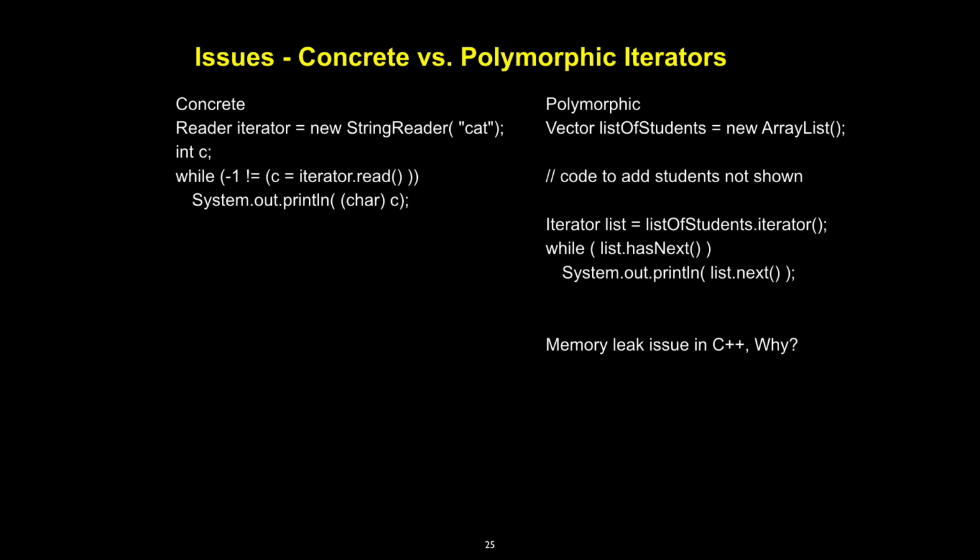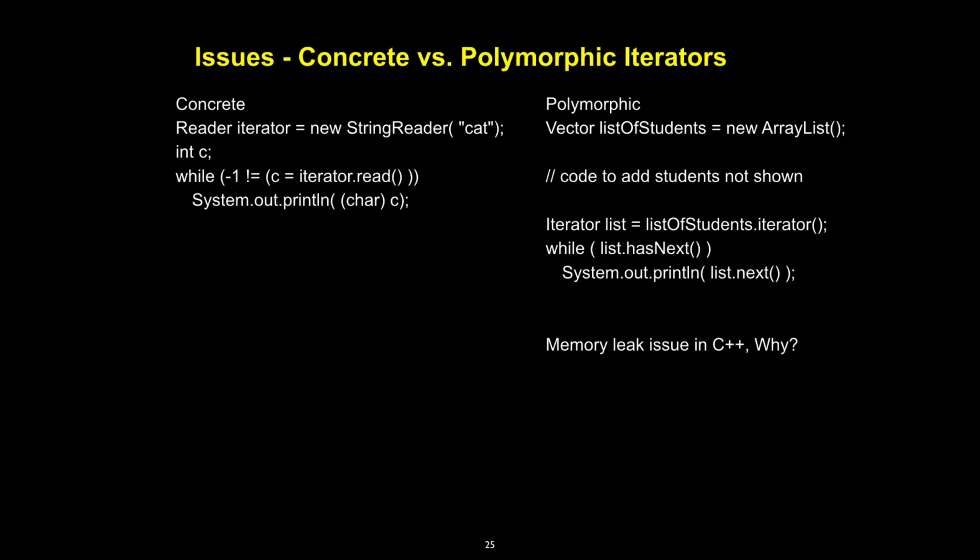So, some issues when you implement an iterator. One issue is, do you want a concrete iterator versus a polymorphic iterator? What does that mean? By polymorphic we mean we don't know what type it is, right? So, here I create a string reader on a string. When I do that, I can go through all the characters of that string.